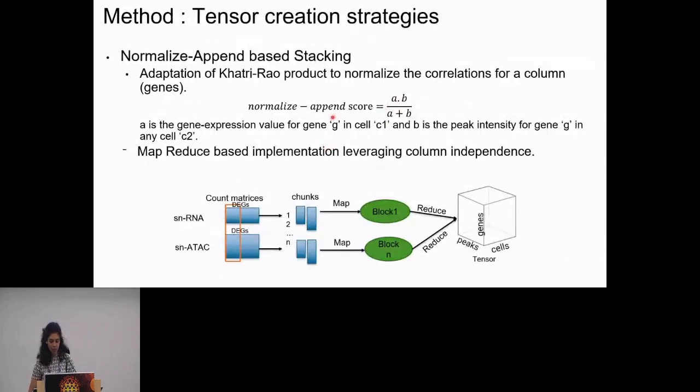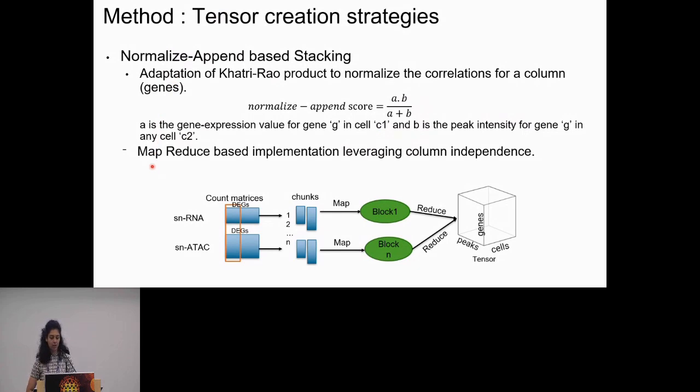Here, for a given gene or a common axis, A represents the gene expression from, let's say, cell C1, and B is the peak intensity for a given cell C2. And we wanted to capture the effective contributions for gene expression and peak intensities in a given pair of cells. So this was the rationale driving the method.